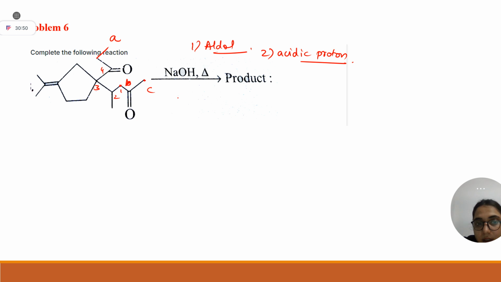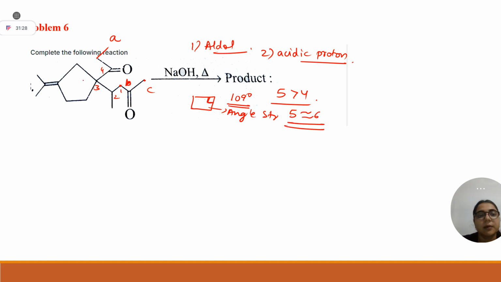Students, 4 member rings are not stable, because the ideal sp3 angle is 109 degrees. Clear? But in a 4 member ring, this angle is 90 degrees, so too much angle strain is there, right? Therefore, 5 membered rings are more stable than 4 member. And in 5 or 6, it depends on the situation. But here, one thing is clear, it will not abstract proton from this side.